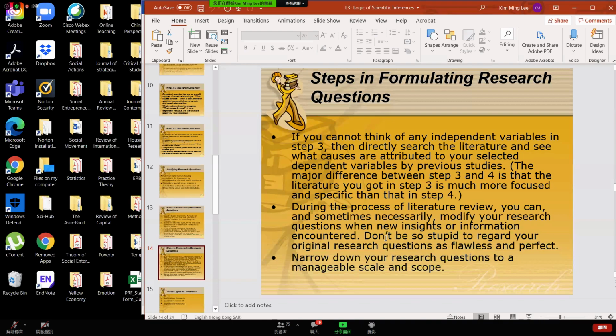Okay, narrow it down. For example, you want to study the status attainment model, where the father's education affects your educational level, or the respondent's educational level. So at the very beginning, you want to do research on the whole Hong Kong population, but then suddenly you find out that there may be differences between different cohorts.